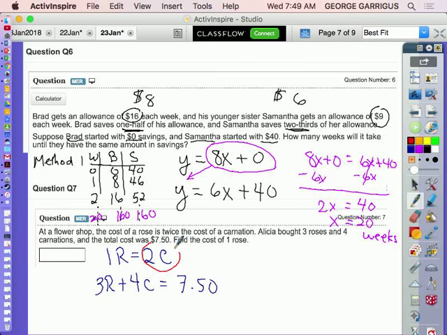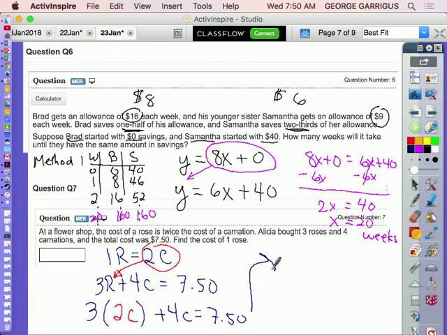So we know we can substitute, we can take 1R is equal to 2C. So where we see R, we can put a 2C in there, and we end up with 3, and we're going to be substituting, plus 4C equals 750. We're going to put 2C in there.